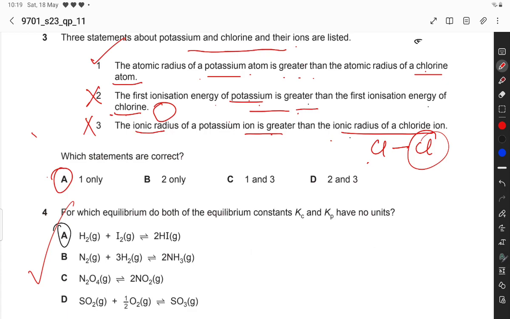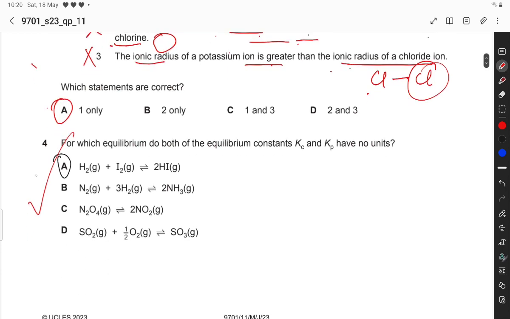For which equilibrium do both the equilibrium constants Kc and Kp have no units? So the first option is correct, because Kc is equal to the concentration of HI squared over the concentrations of H2 and I2.